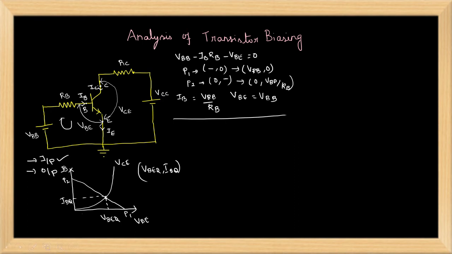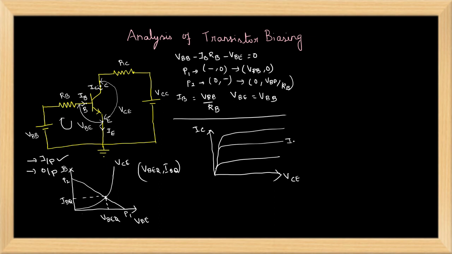Okay. Now let's analyze the output operating point. The output operating point is the coordinates obtained by the intersection of load line with the output characteristics for the Q point value of IB. For that, first we will draw the output characteristics. The output characteristic is the characteristic drawn between VCE and IC, keeping IB constant. For different values of IB, we will have different characteristics.